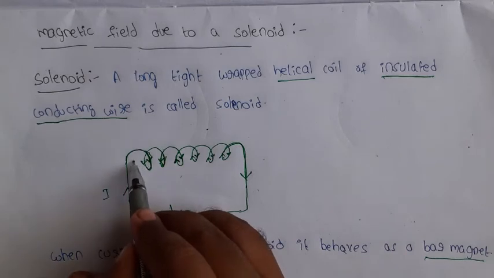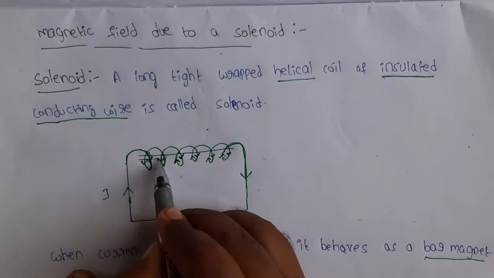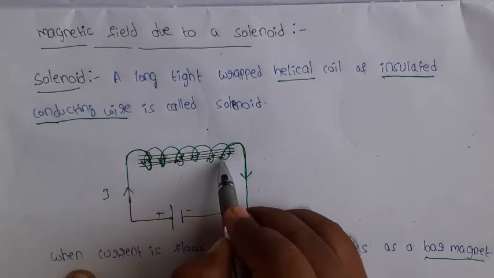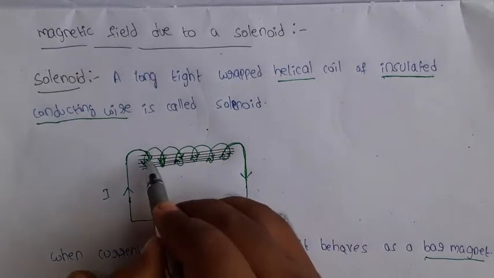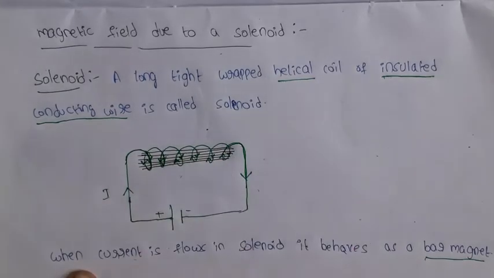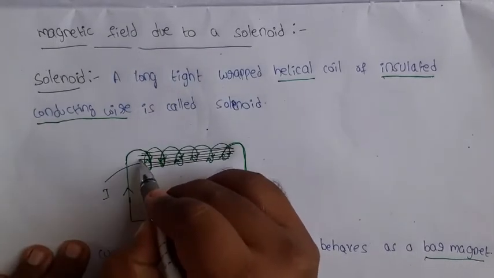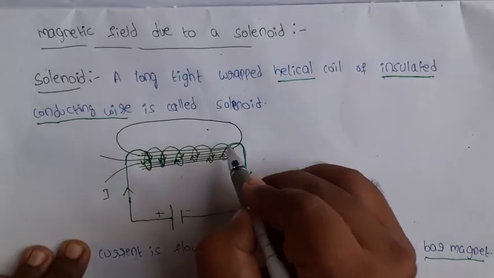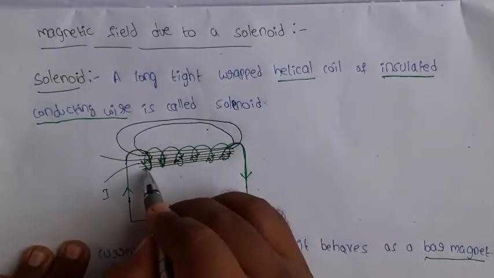So these are the magnetic field directions. These are the magnetic field lines.